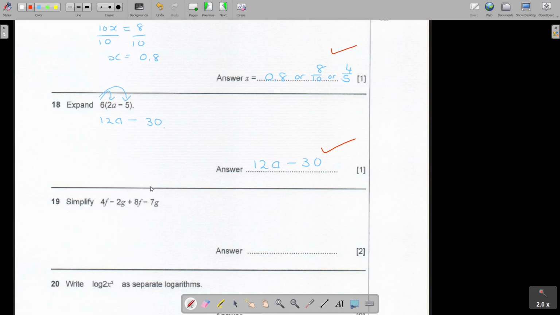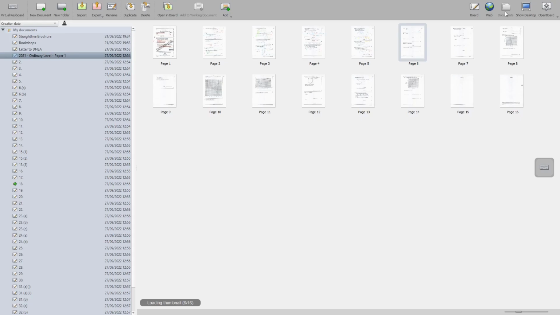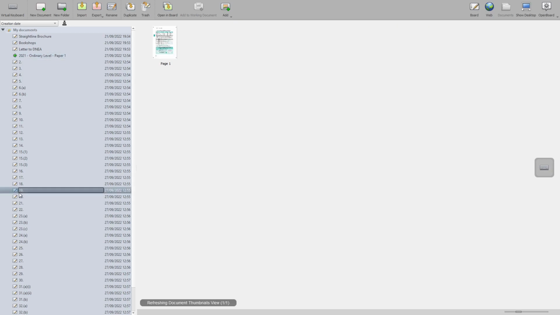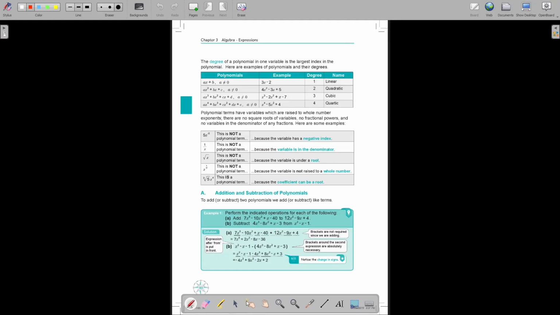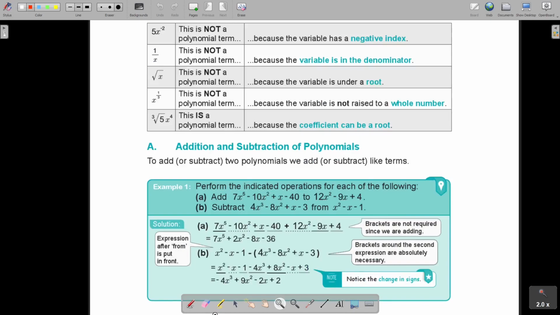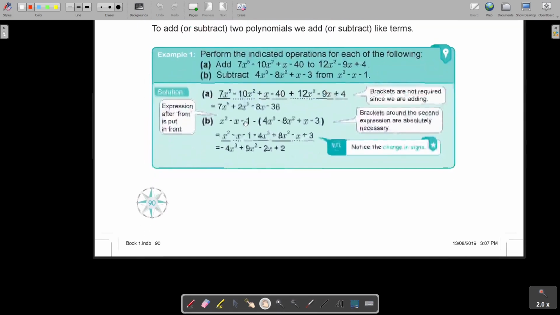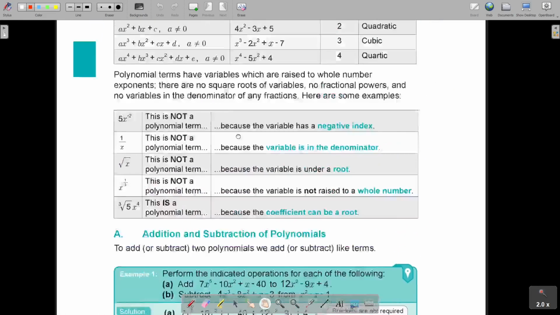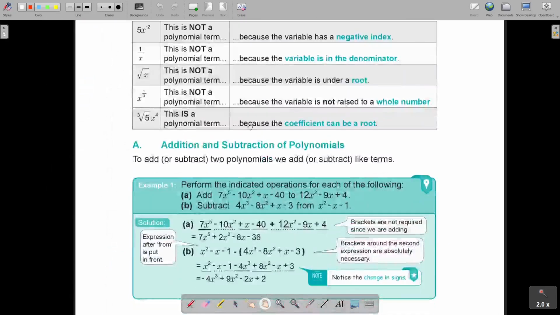Okay. Now the same with this one. This is also a very basic simplifying of just adding your like terms. If you want to find a few examples in the textbook, I'll tell you the page. It will be on page 90, and it's still algebraic expressions, chapter 3.